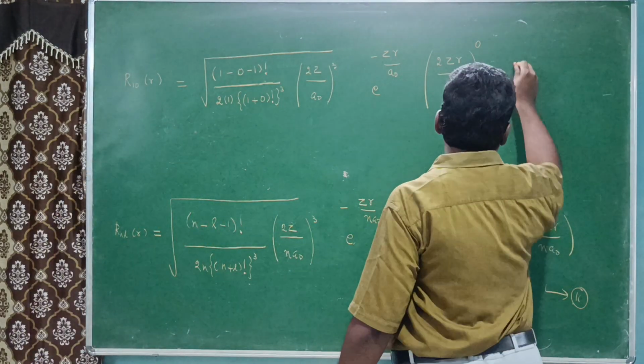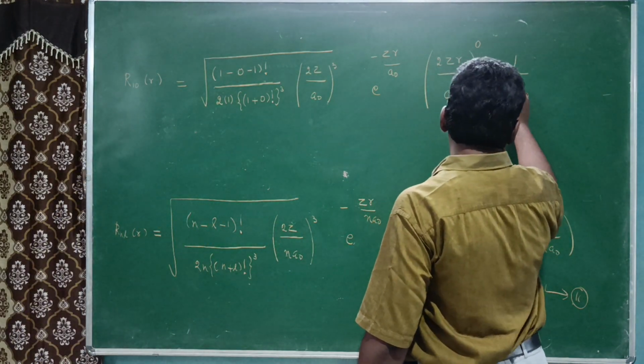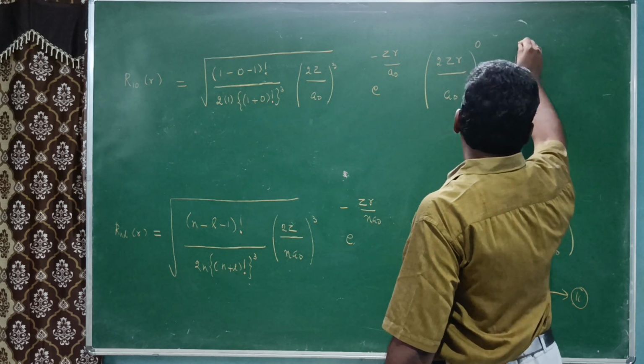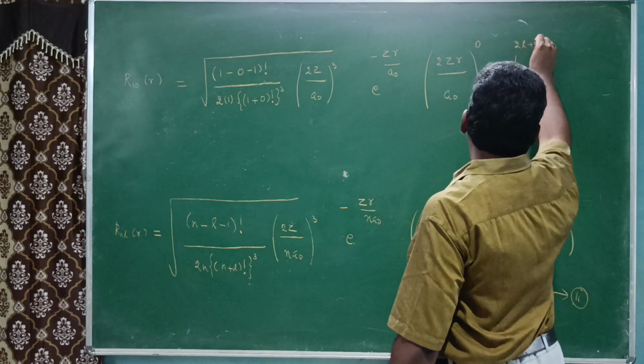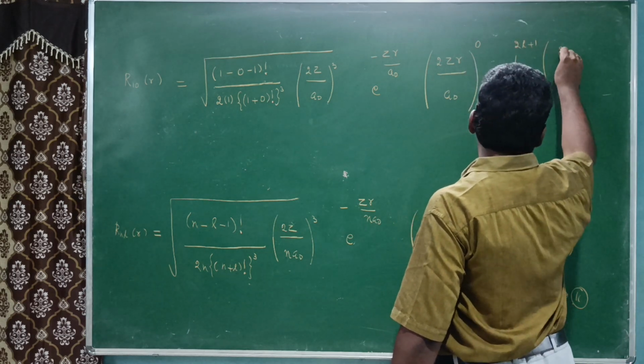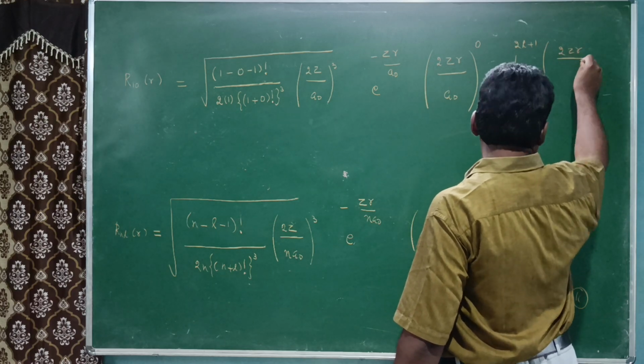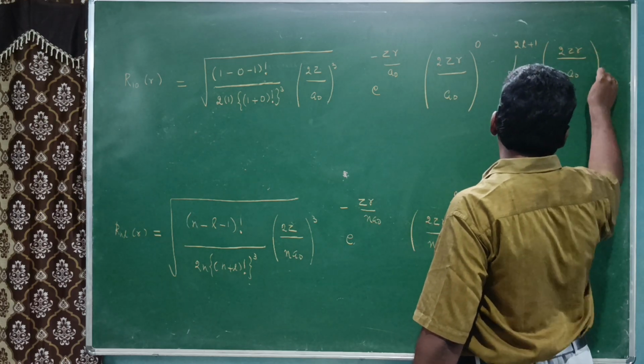Then this polynomial L of n plus L, 2L plus 1 of 2Zr divided by a0.